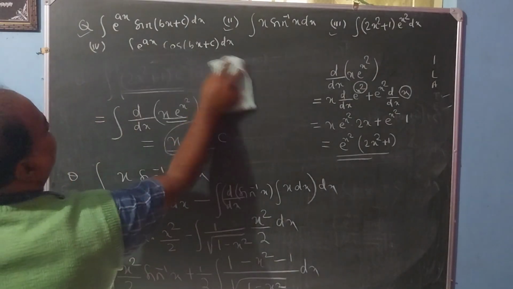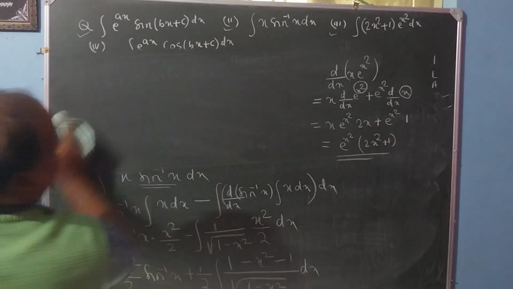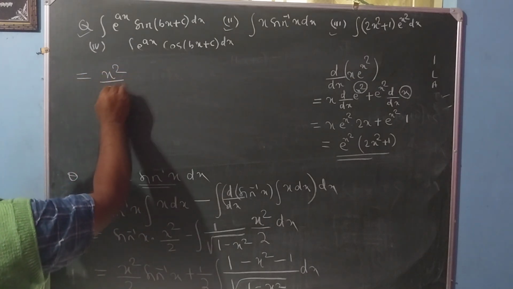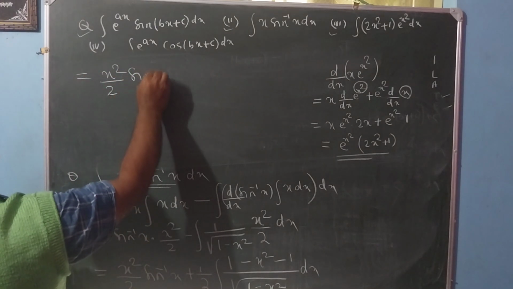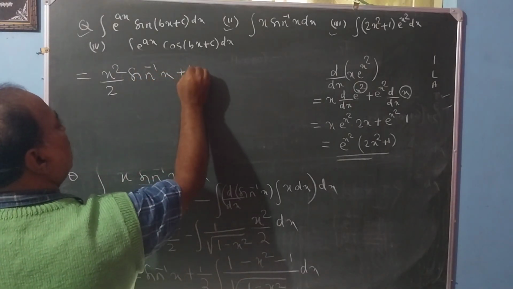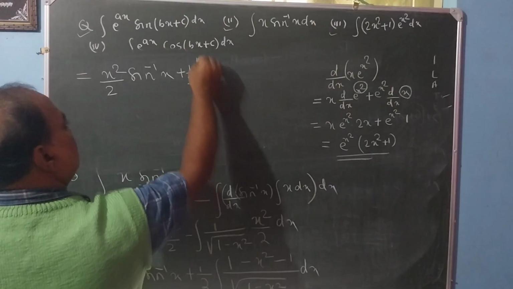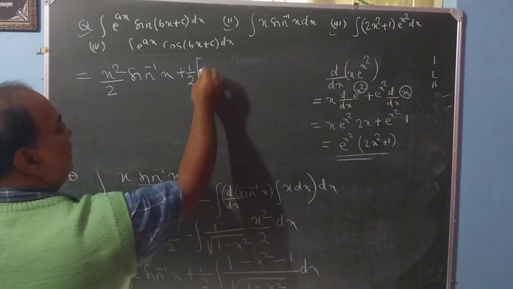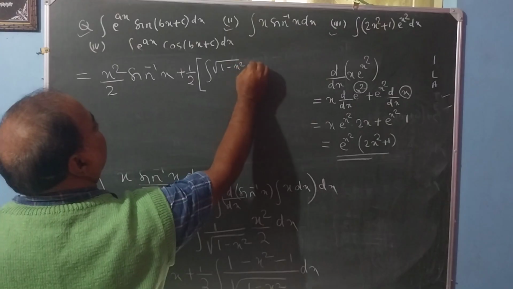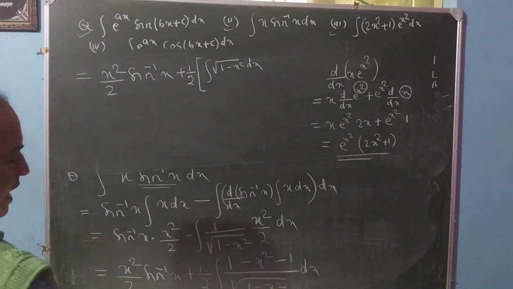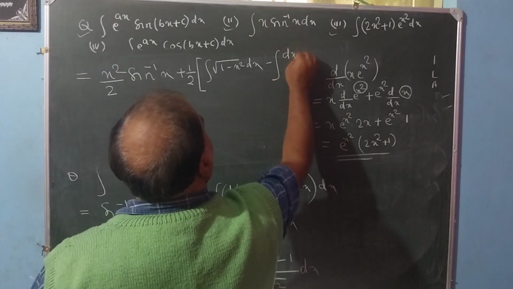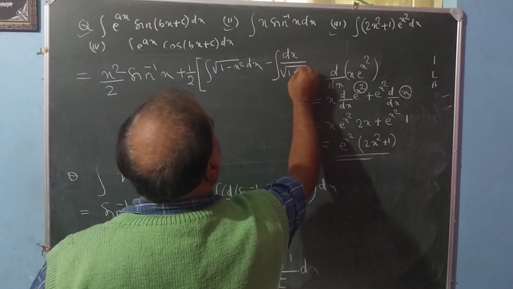So separating, we get x square by 2 sine inverse x, and here it is 1 by 2. So this upon this will be integration of root over of 1 minus x square into dx. Another is minus integration of dx by root over of 1 minus x square.